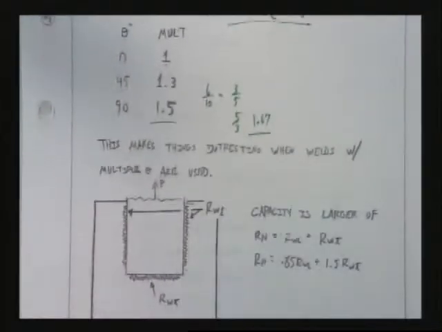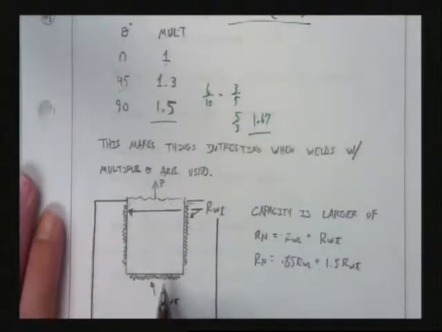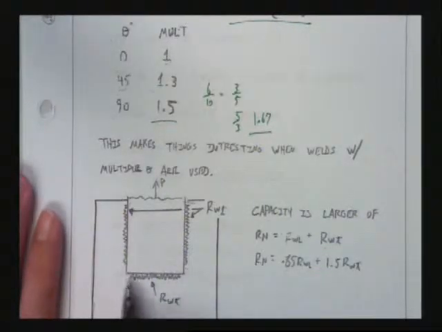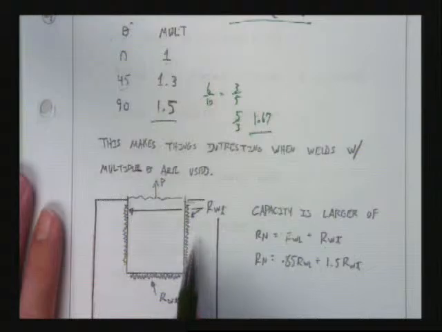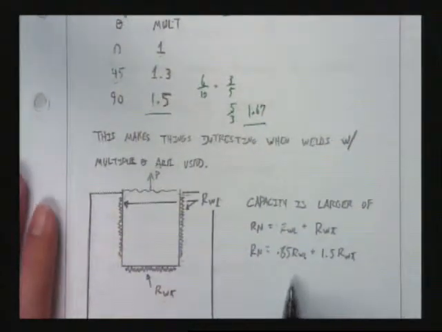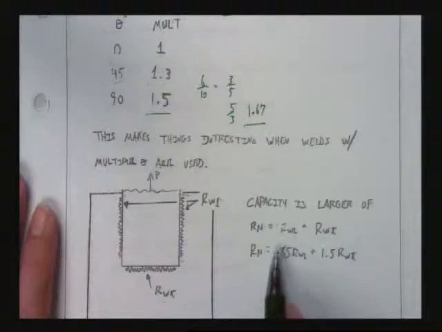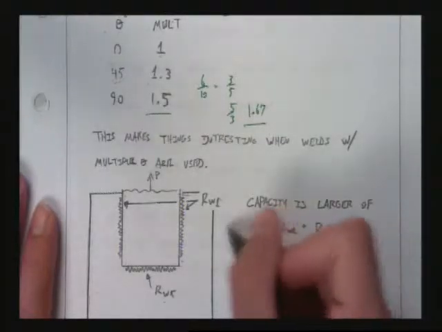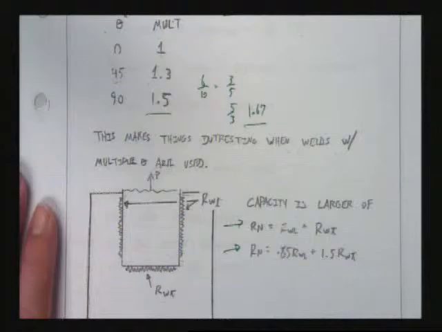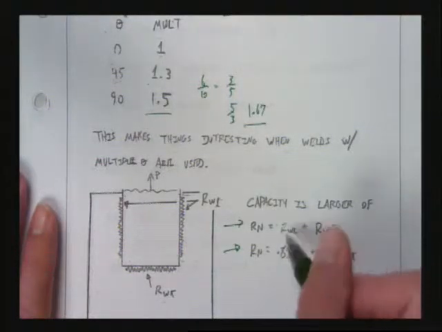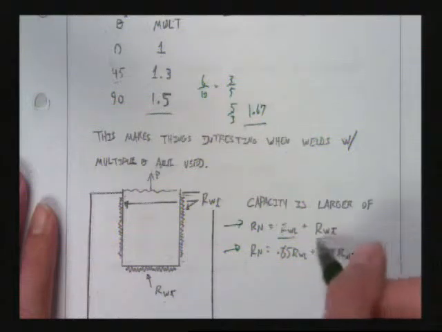And this makes things interesting when welds start to be used with multiple angles. If I might have welds in tension here, or in shear and in tension, we have to use an equation like this to handle it. Let me just tell you real quick, in case you don't recall where this equation comes from, we actually have two equations, and this is one where you can either add the pure shear strength and add the pure tension.